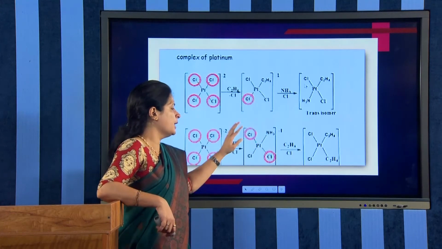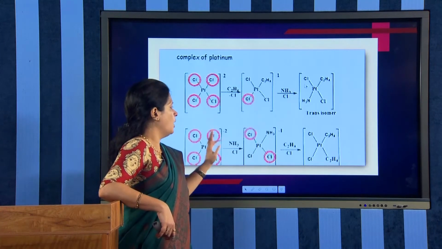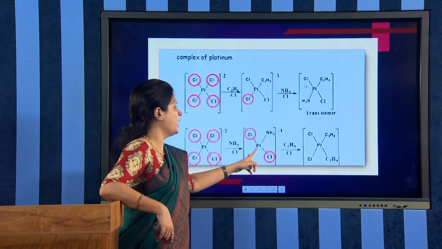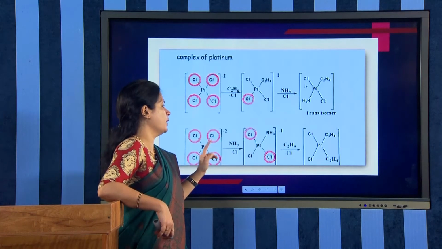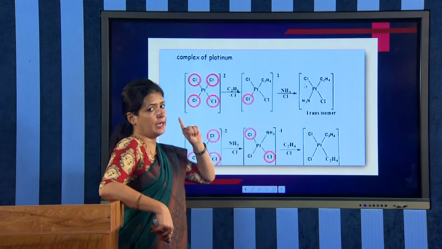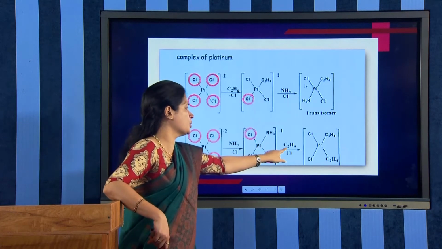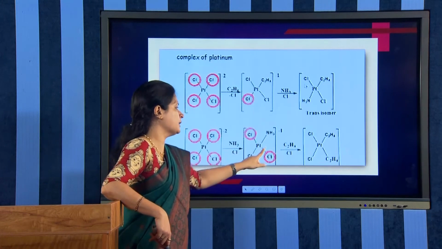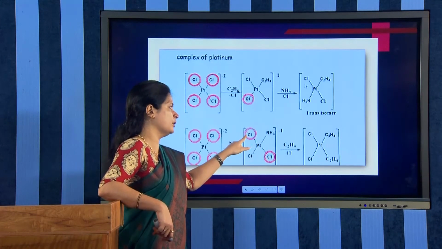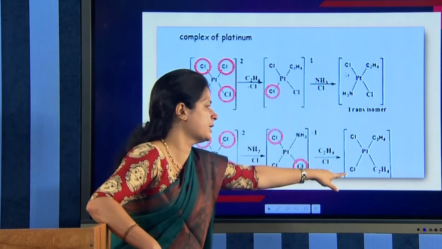what happens? Here now we have to consider the trans effect series. Comparing this ammonia and Cl minus, you will have the Cl minus having greater trans directing property. And now the C2H4 can be attached either to this position or this position. If it is attached to this position, I will get the cis isomer.